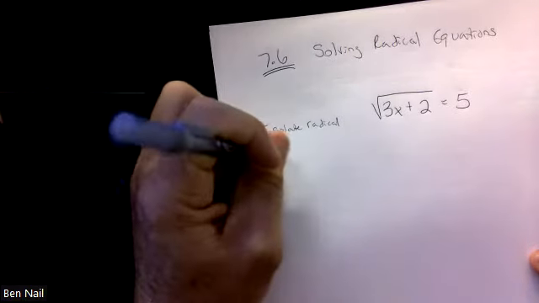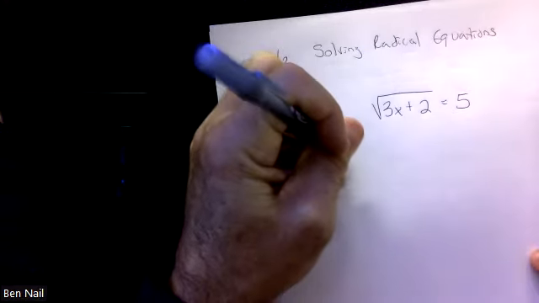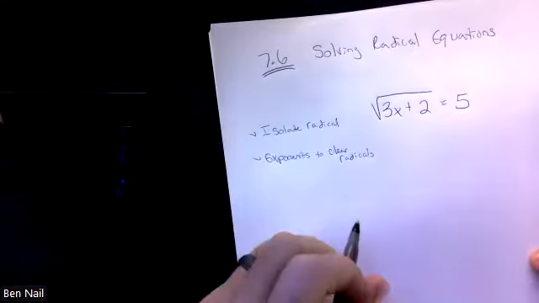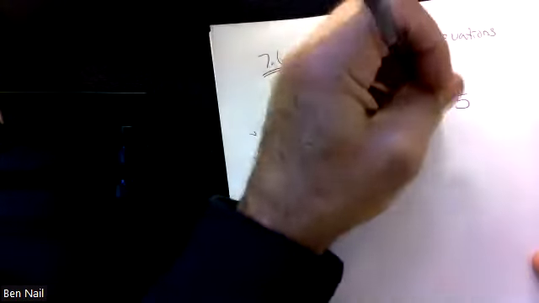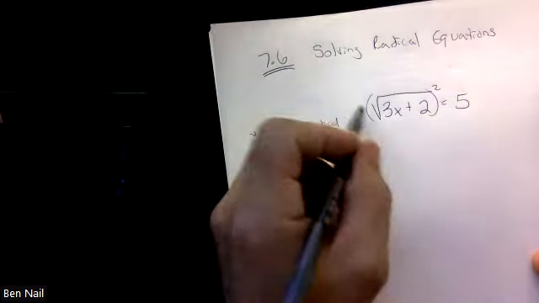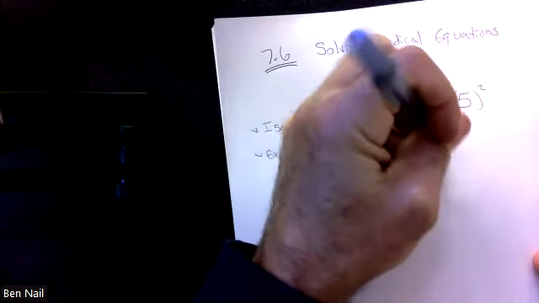Then we use exponents to clear the radicals. So again, to undo a square root, we are going to square it. And what you do to one side of the equation, you have to do to the other. So squaring a square root gives us what is inside, not a radical anymore.